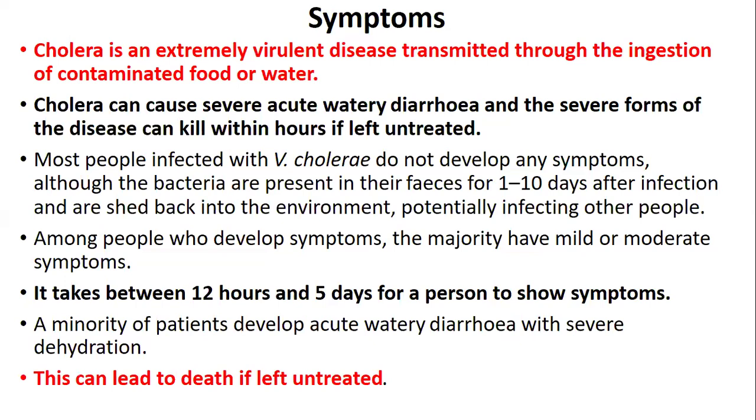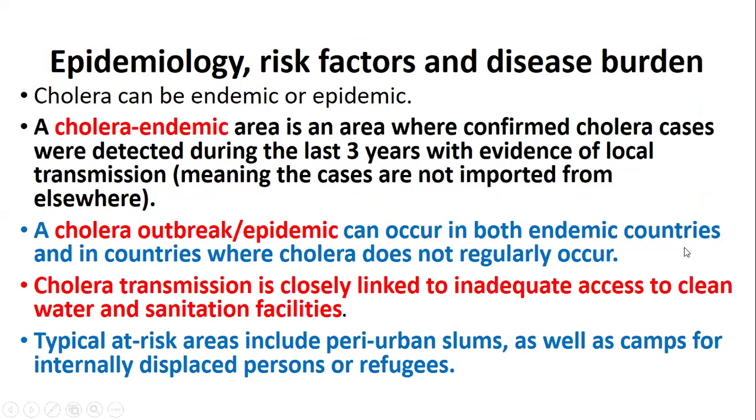It takes about 12 hours to 5 days for a person to show symptoms, and it can lead to death if untreated. Treatment is key and has to be done promptly because it has a high fatality rate within a very short period of time.